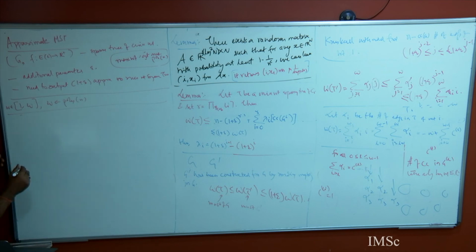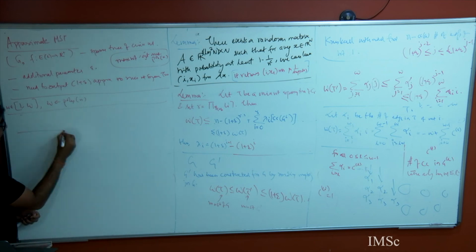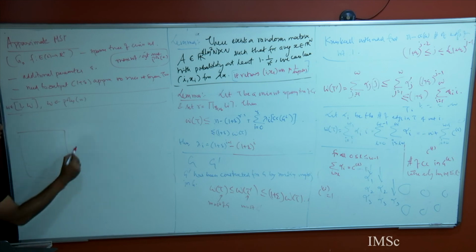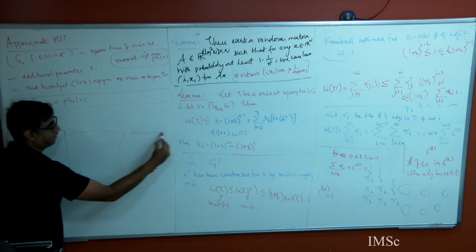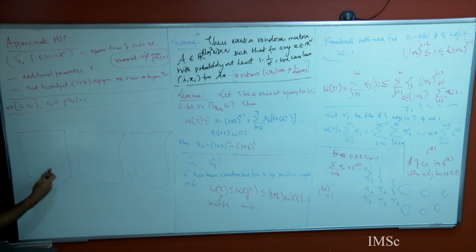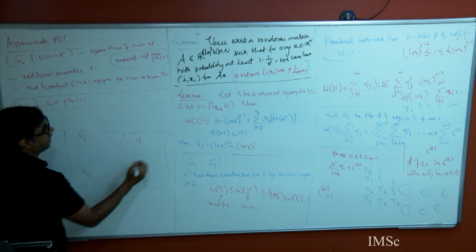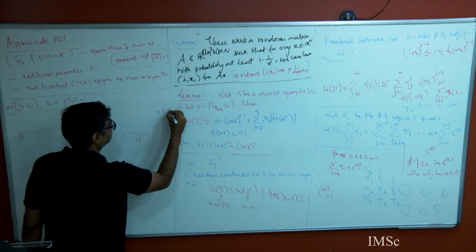Notice now I will have how many sketches? For every vertex 1 to n, I will have different sketches for different weights, because I don't know how many connected components each will give. Look, it's a spanning forest, right? So you will have the same vertices v1, v2, vn, repeated, as many as r of them, right?